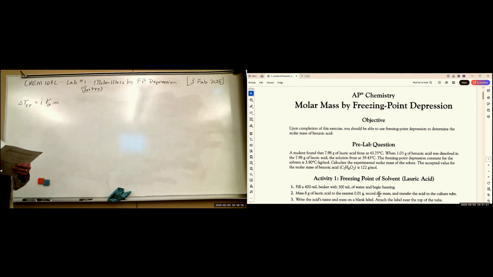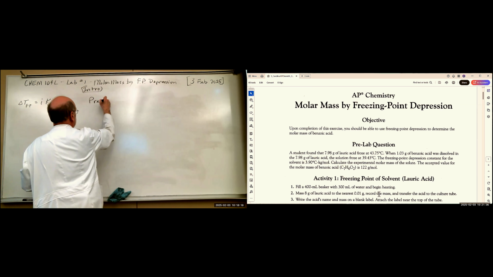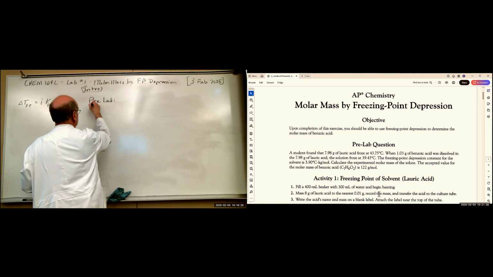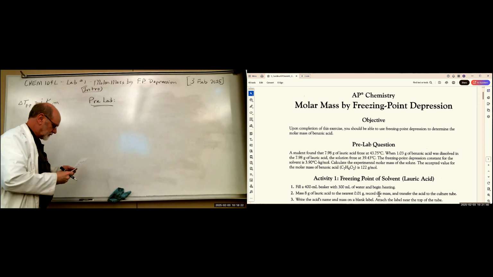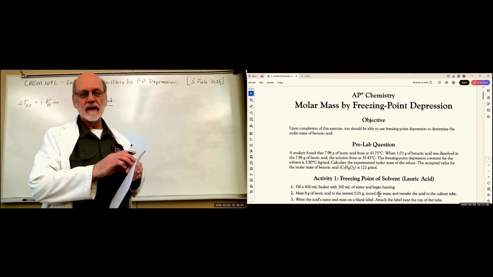There's not a whole lot of introductory material here, is there? So we'll just take the pre-lab question and solve it. Here we've got a word problem, so we need to extract the information like we normally do.